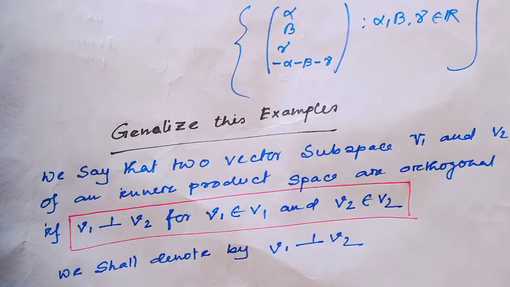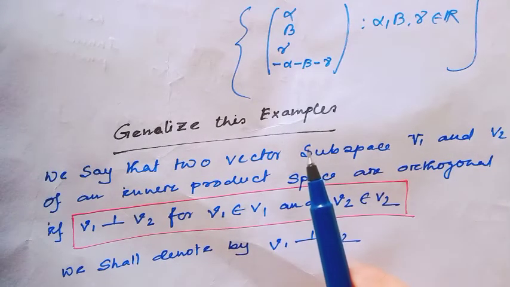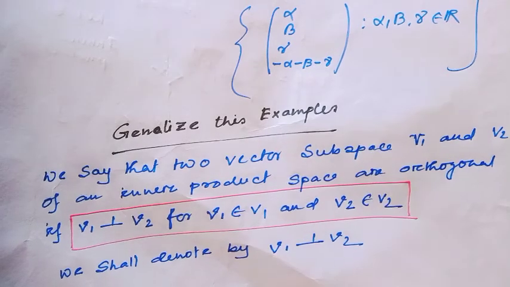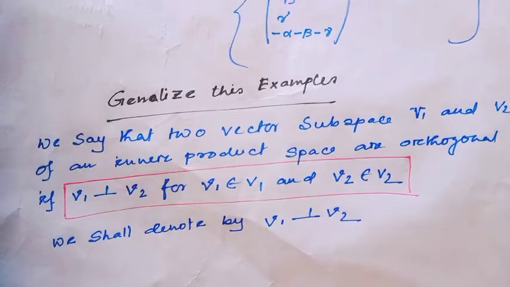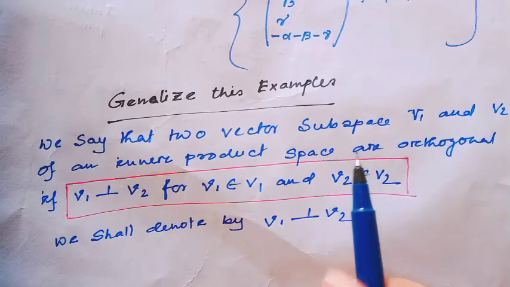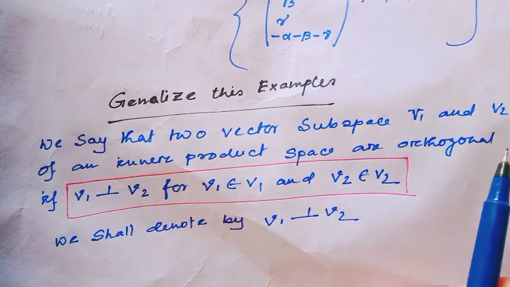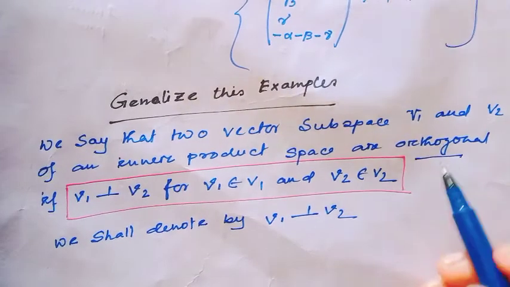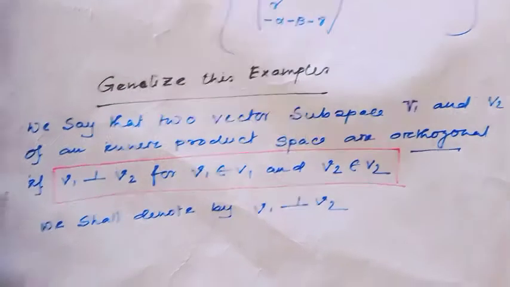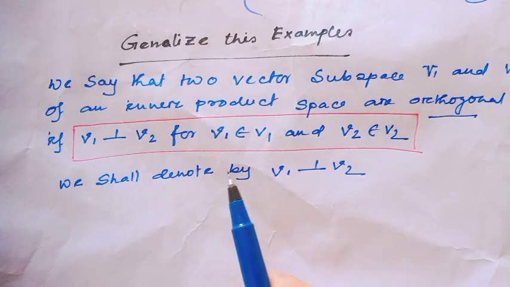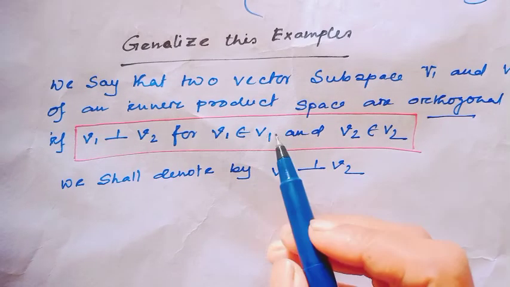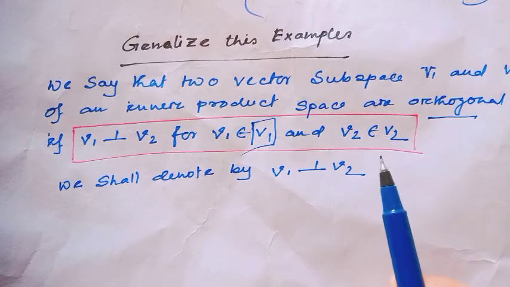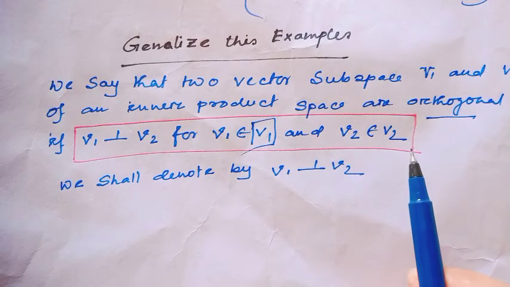Let us generalize this example. What does it mean for one subspace to be orthogonal to another subspace? The idea is we say that two vector subspaces V1 and V2 of an inner product space are orthogonal if v1 is perpendicular to v2 for all v1 belonging to capital V1 and for all v2 belonging to capital V2.